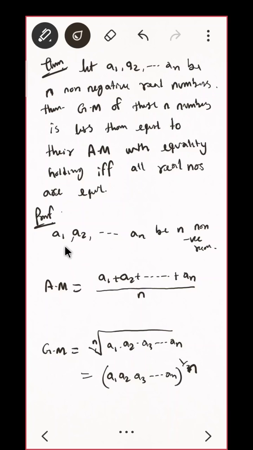If you are having two numbers, then this will be (a1 plus a2) upon n, here 2, and in the geometric mean in place of n it will be 2, that is square root. Correct? Do you agree? So this is in general arithmetic mean and geometric mean. Perfect.